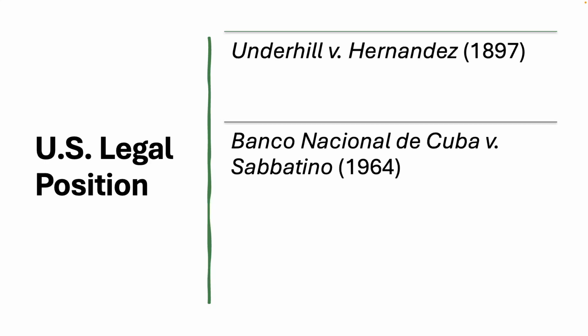And one of the things that Cuba did was expropriate US-owned property that was positioned in Cuba. Now, there were allegations that this expropriation was a violation of international law. The law of expropriation is something that is very well established, but the US Supreme Court refused to challenge this expropriation order on the basis of the act of state doctrine.